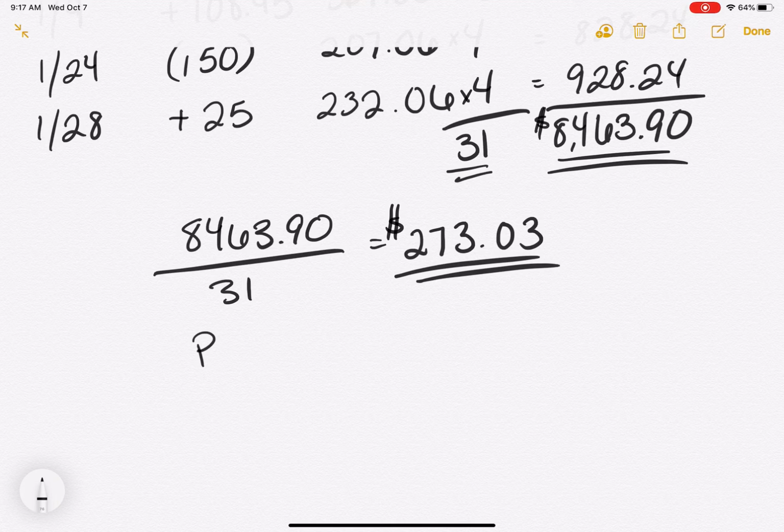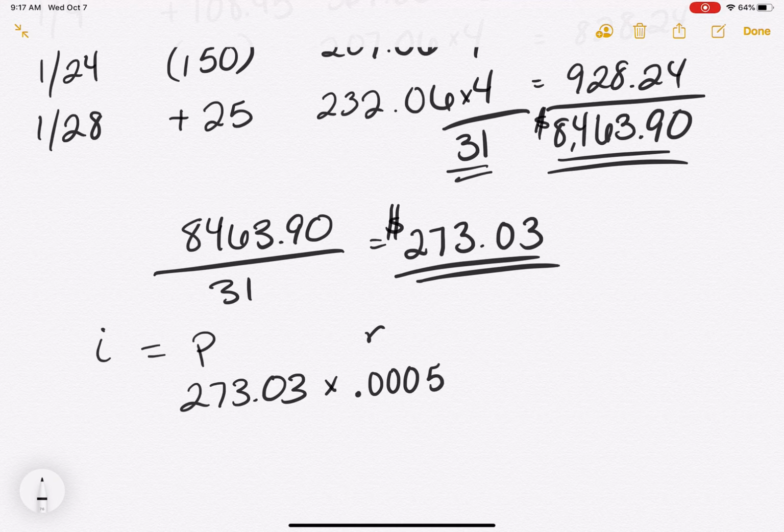So I equals PRT, with P being the 273.03 and R being 0.000575. Oh, it's a daily periodic rate, and that's per day. Times 365?